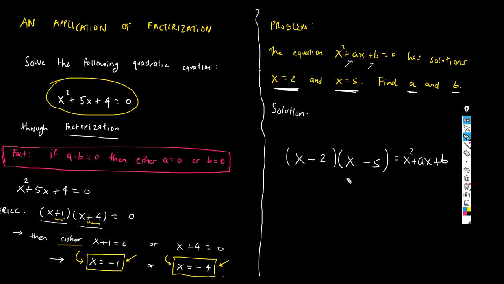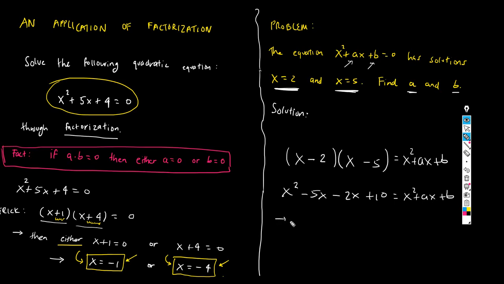Now all that remains to be done is multiply or expand this product. So let's do it. x times x, x squared, x times minus 5, minus 5x, and then minus 2x, and then plus 10. Okay? And that's going to be equal to x squared plus ax plus b.